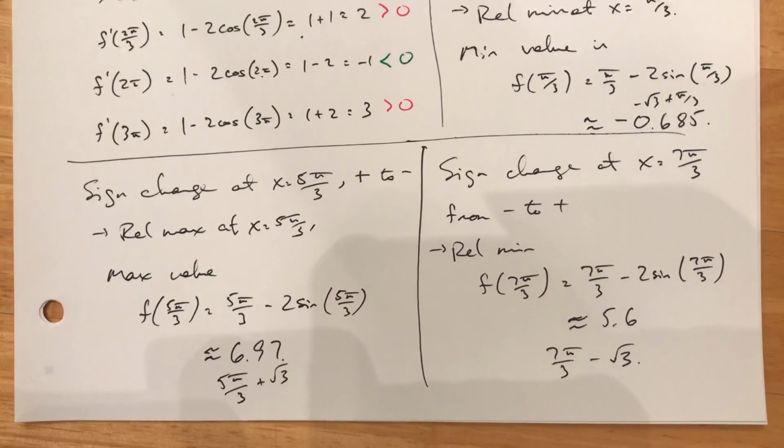But the answers that WebAssign is going to be generally looking for, and the answers that I usually prefer are these exact values in terms of these pi over 3s and square roots of 3s, either added, subtracted, whatever the function tells you to do. But just be aware that converting all this stuff to decimal is not the typical practice. It is not the best way to do it. It just happened to be what my calculator over here was giving me as the answers.